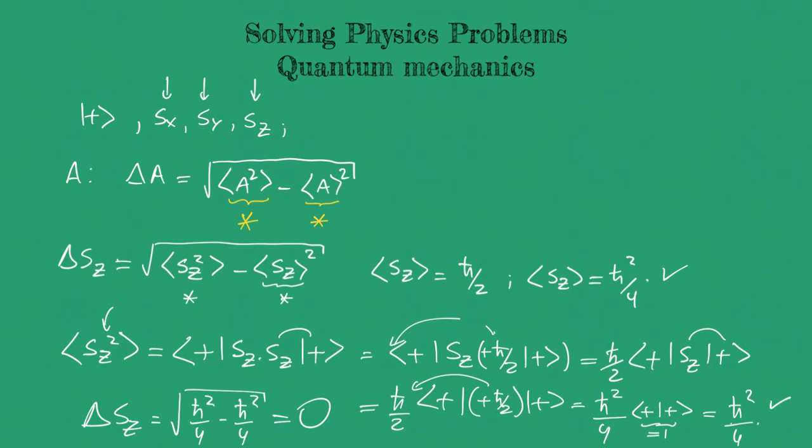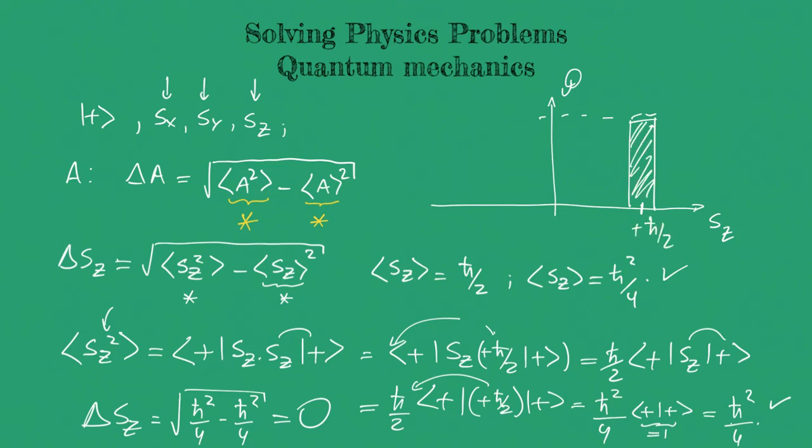We can sketch a histogram for this case, and it will be something like this. The vertical axis will be the probability, the horizontal axis will be our operator. Then for the case of ket plus, we have 100% probability of getting plus h bar over 2.